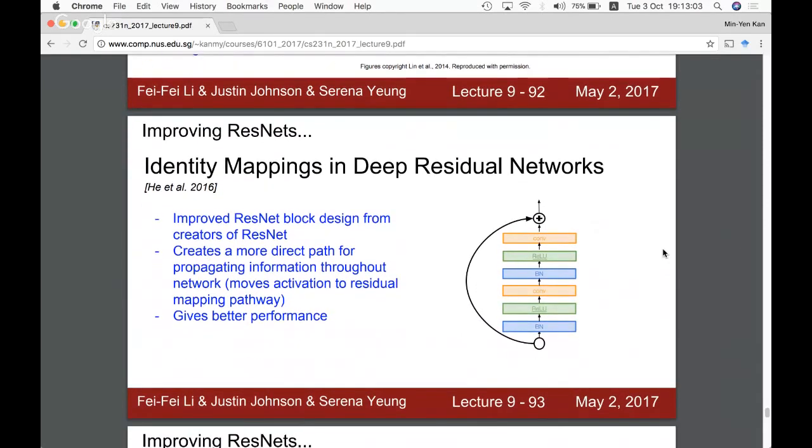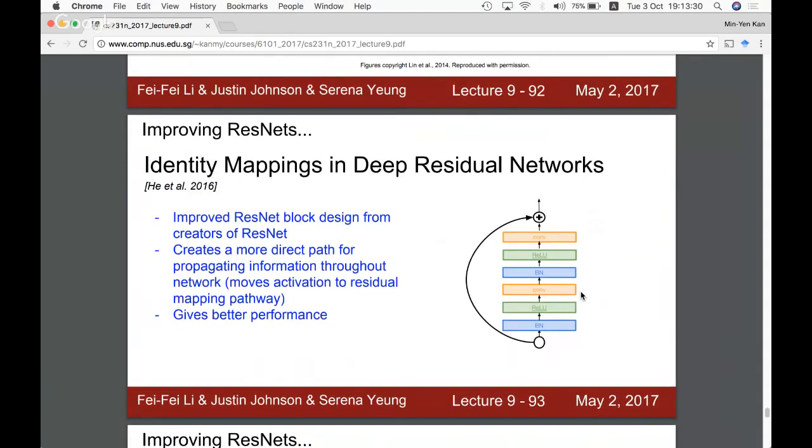What they're doing here, compared to the original paper, is changing the path of propagation for the residual pathway. They've put batch norm and ReLU layers in between the convolution layers, and it gives better performance. So that's identity mappings in residual networks.